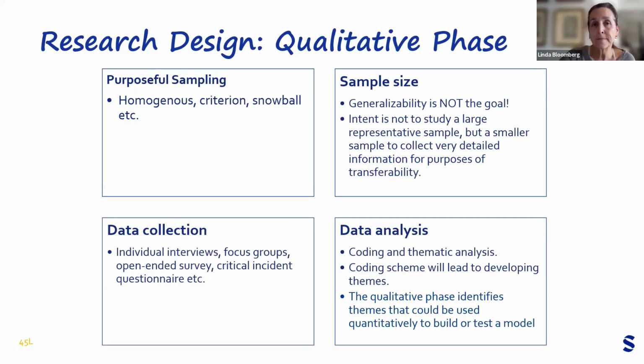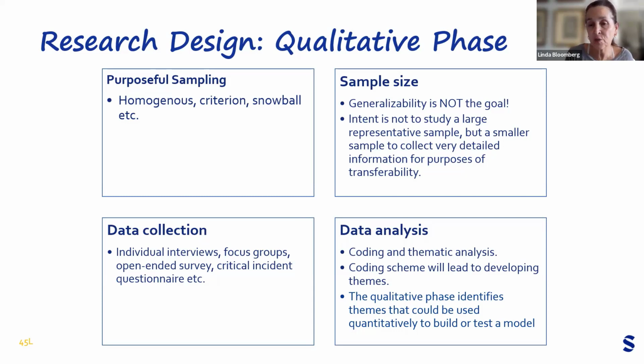So, in a mixed methods design, the qualitative phase involves all of these following activities. There's purposeful sampling. The sample size has to be determined because generalizability is not the goal, rather transferability is.